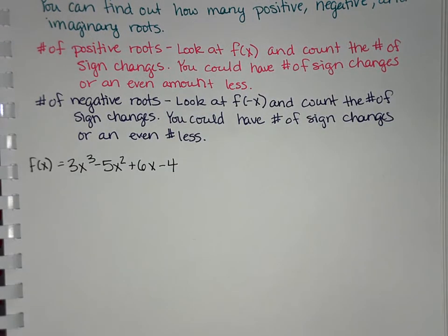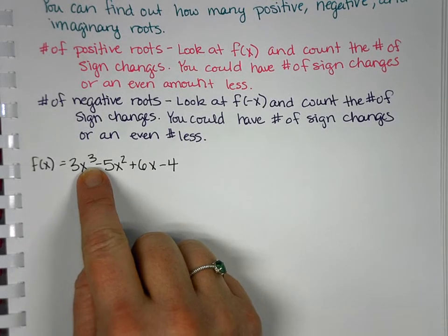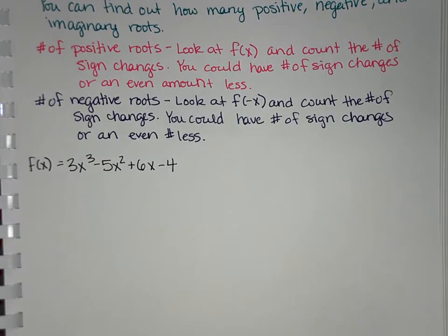Okay, right away, I know, because my highest power is a 3, that I'm going to have no more than 3 total solutions. So I'm going to use that to help me, and I'll show you how in just a second.